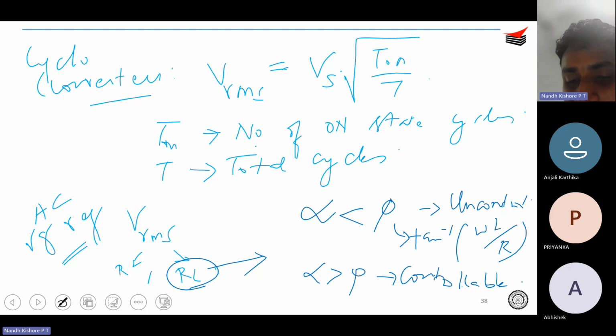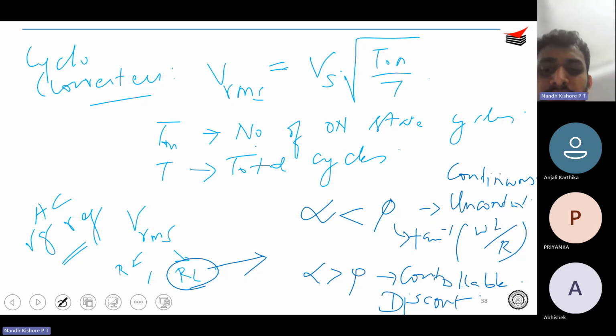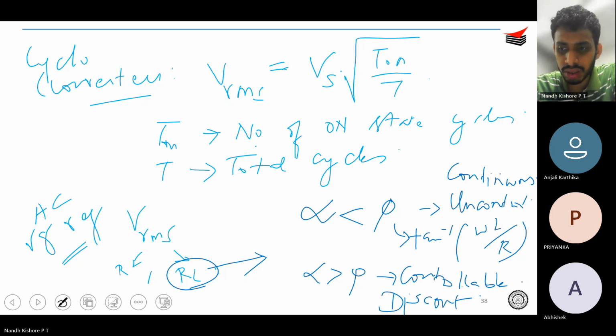That is, controllable means you will have a discontinuous wave, whereas if it is uncontrollable, you will have a continuous wave. I think we saw this in the problem solving session itself. We solved 1 or 2 problems based on this. So this is just a hack.